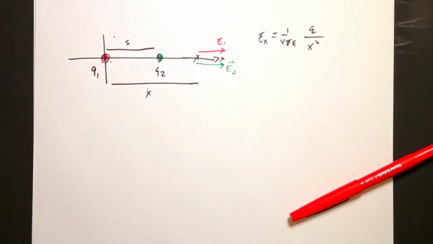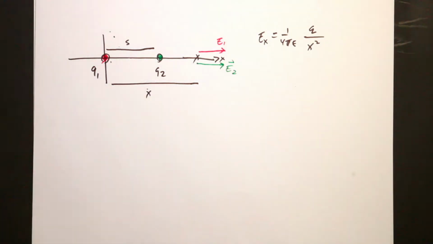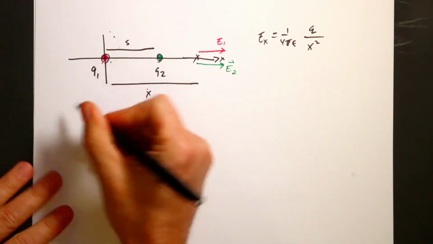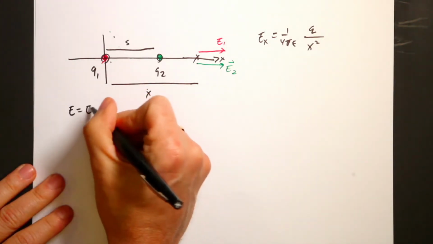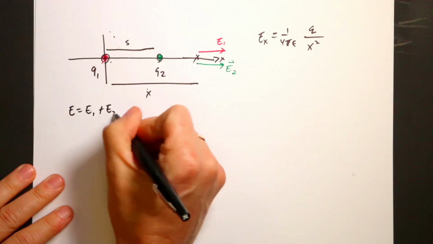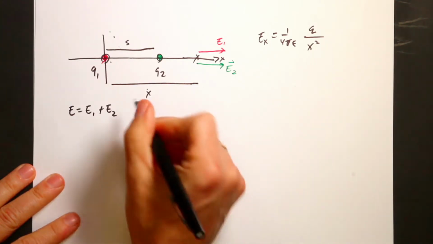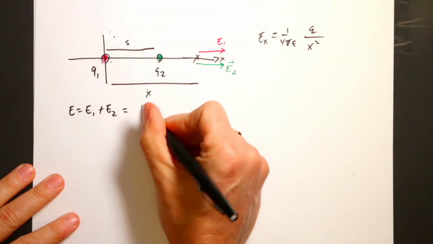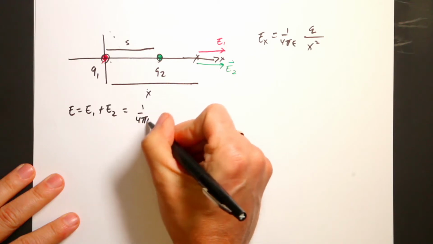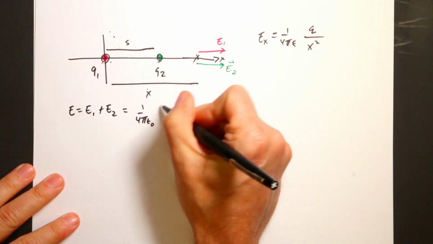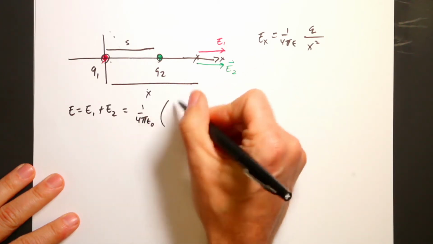So this total electric field E would be E1 plus E2. And these are X components, so I'm not writing them as vectors. So that's going to be equal to 1 over 4 pi epsilon naught. And they both have that, so I'm going to factor it out.